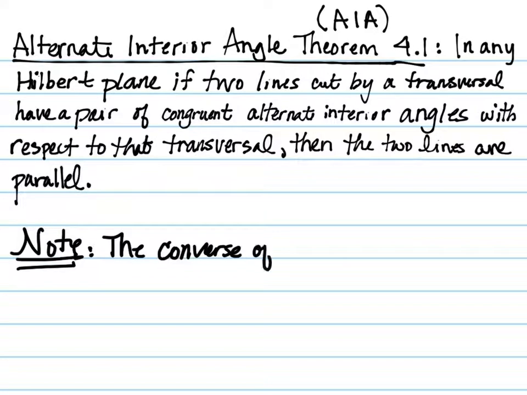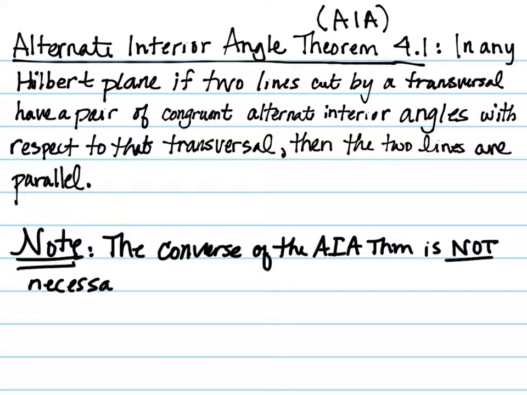The converse of the alternate interior angle theorem is not necessarily true. So what would that mean? It would mean that if you started with the parallel lines, that you would automatically have congruent alternate interior angles. So going the other direction on this one does not work.